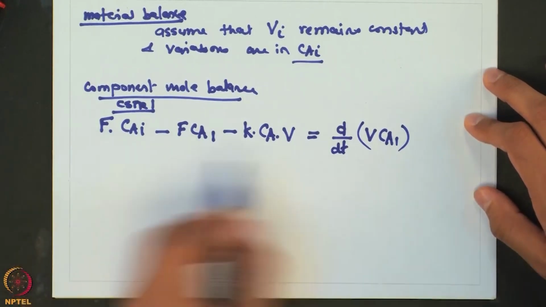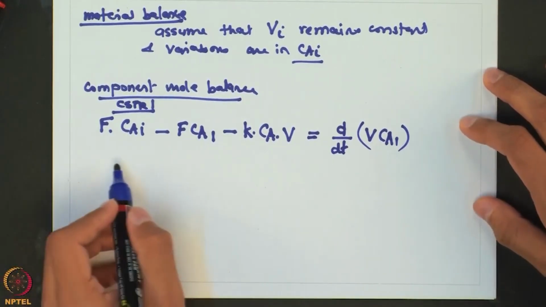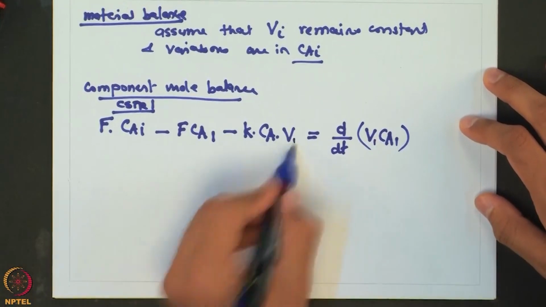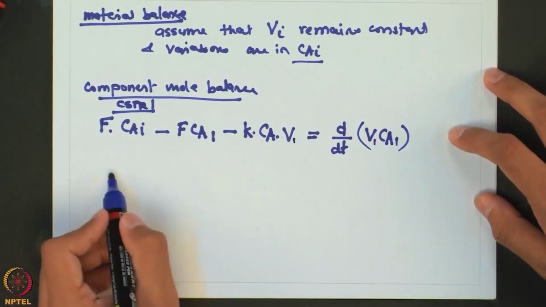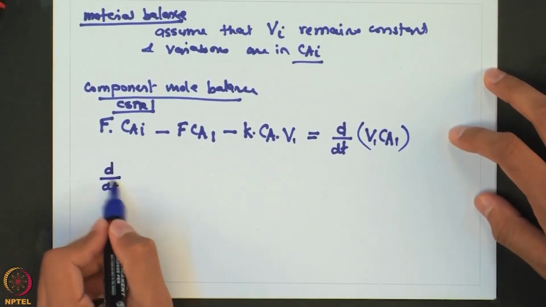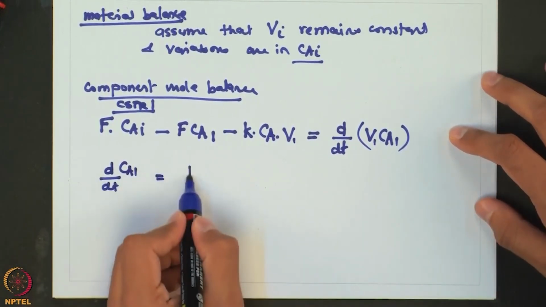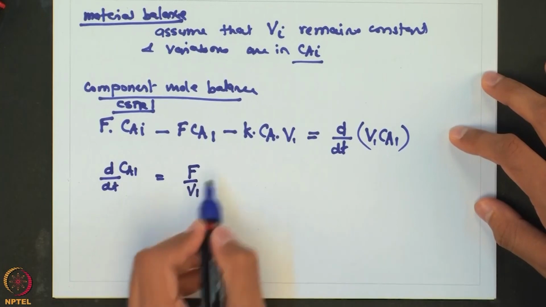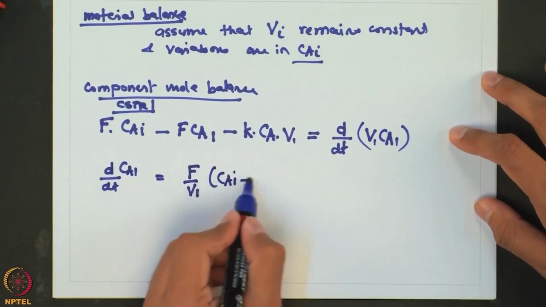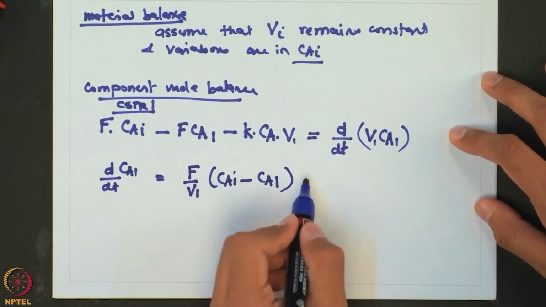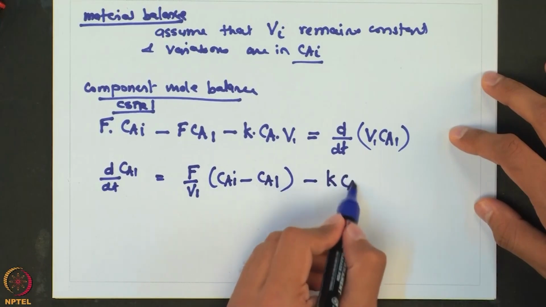If we simplify this, where this is V1, we get dCA1 by dt equal to F over V1 times (CAI minus CA1) minus K CA1.